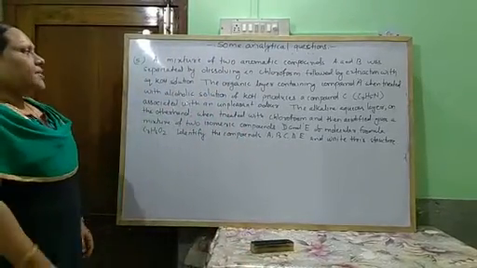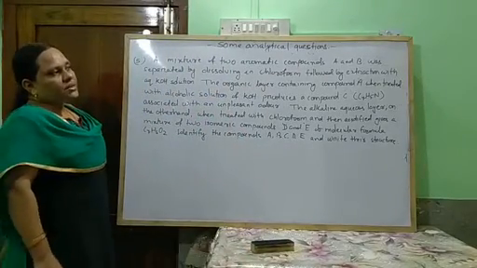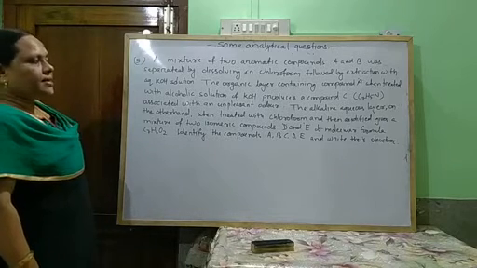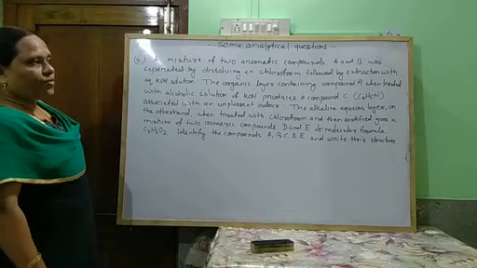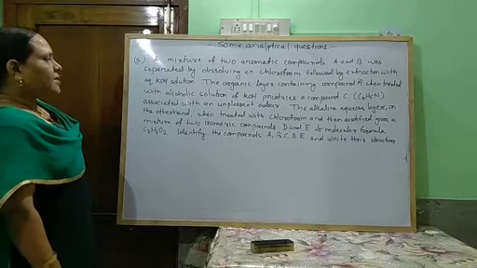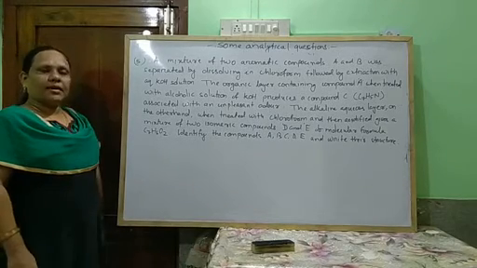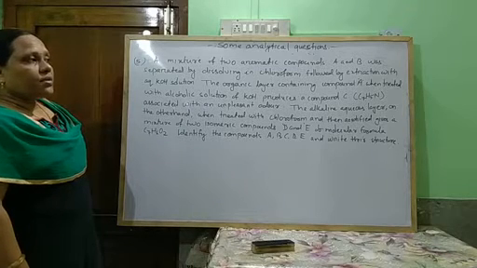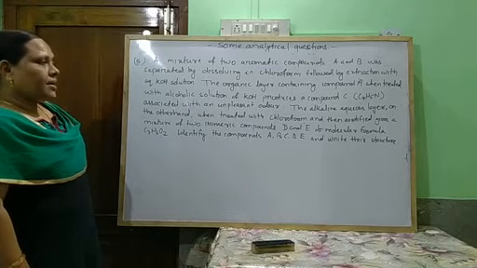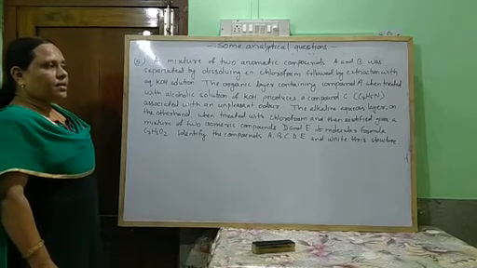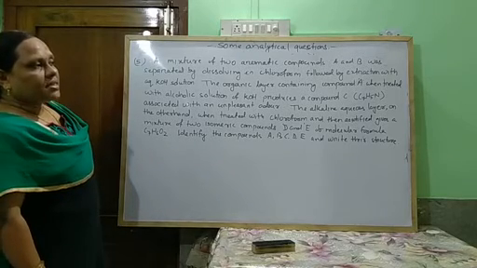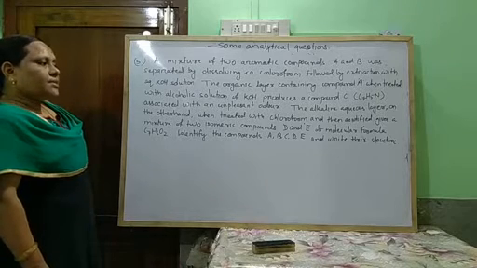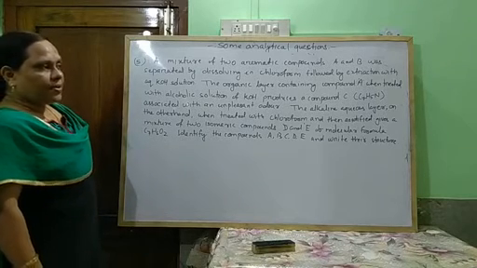Next, come to another question. A mixture of two aromatic compounds A and B was separated by dissolving in chloroform, followed by extraction with aqueous potassium hydroxide solution. The organic layer containing compound A, when treated with alcoholic solution of potassium hydroxide, produces a compound C associated with an unpleasant odor.